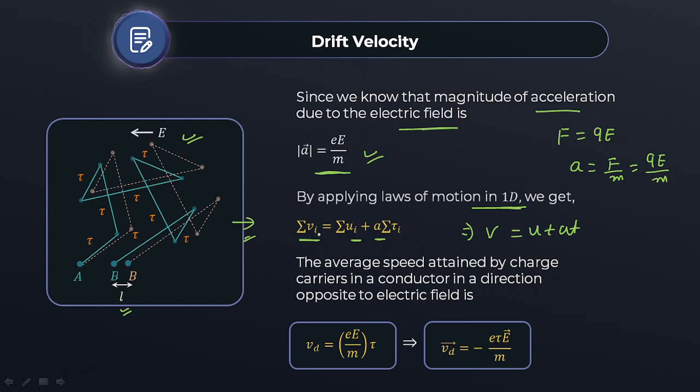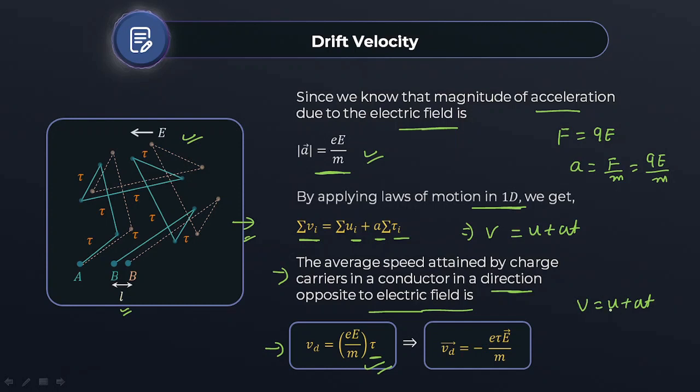So for the first particle, it is u of first particle plus a into relaxation time of first, similarly for second, third and so on. So the average speed attained by the charge carrier in a conductor in a direction opposite to the electric field will be equal to how much? E by m into tau, acceleration into relaxation time, right? We know v equals u plus at. Now initial u was how much?